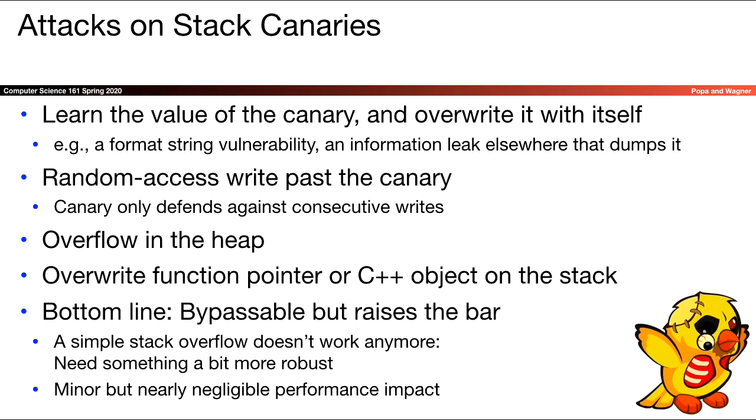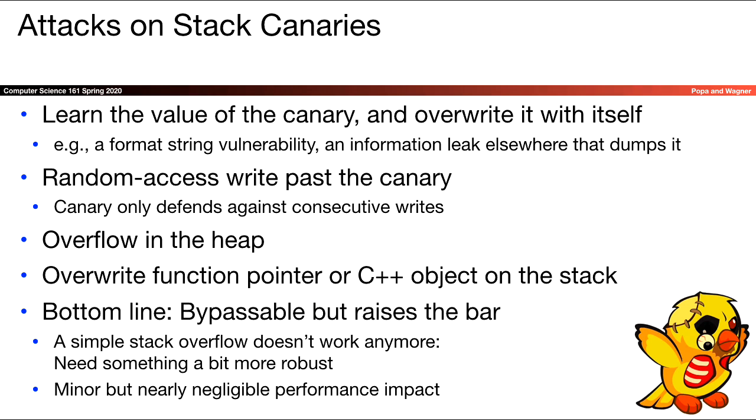We just talked through a whole bunch of ways that you might be able to bypass this defense. It depends on the nature of the bug in your code, and exactly what kind of vulnerability there is. Is it a strcpy that writes consecutively, or is it something else that writes with gaps? Format string vulnerabilities allow the attacker to write anywhere. Can the attacker read stuff in memory?